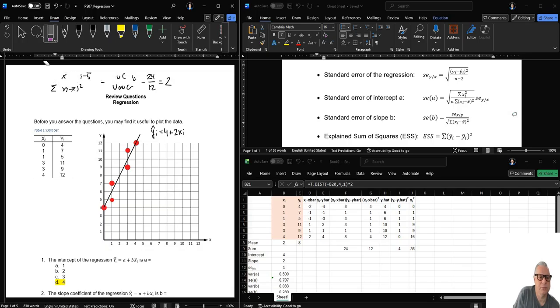So we are done with this. And I'll try to sketch an ANOVA table here. Okay, so here we have the explained sum of squares, which is what the regression explains. Then we have the residual sum of squares, and we have the total sum of squares.